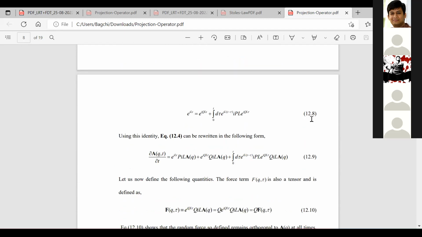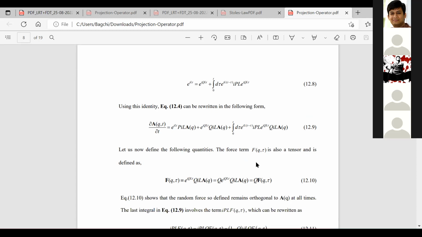Okay, 12.8, which is exact, and then I take the derivative now. The first term remains. In the second term, I have now taken the derivative of e to the power iLt. It's getting a little confusing. It's exact. Do it yourself, you'll be able to do it. I would have done it a little differently if I had done it myself.